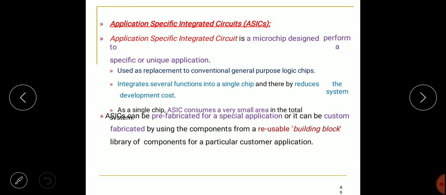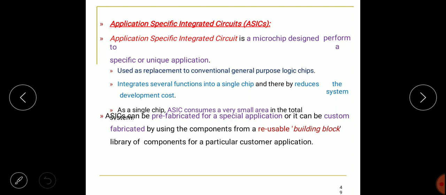It is used as a replacement for conventional general purpose logic chips, integrating several functions into a single chip and thereby reducing the development cost of the system. As a single chip, an ASIC consumes a very small area in the total system. It can be prefabricated for a special application or made for custom applications.